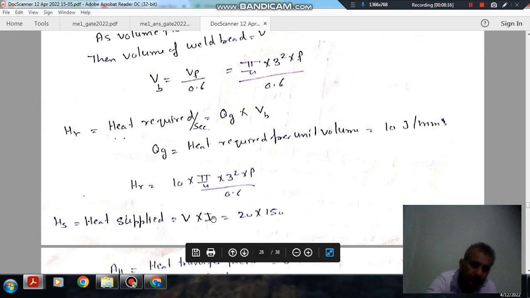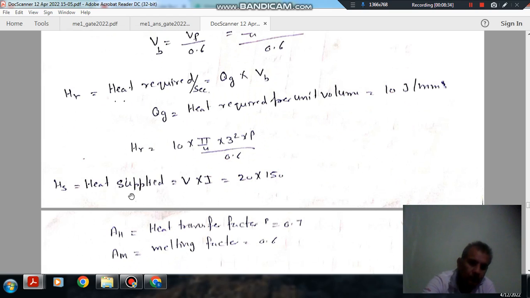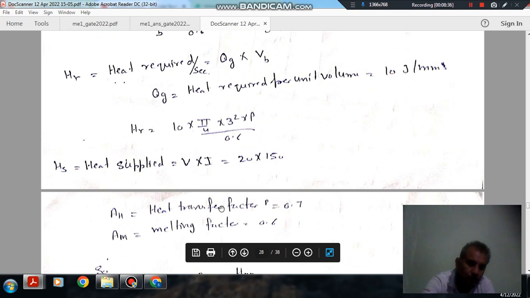Now the heat supplied is by the source, so that is V into I, where V is the voltage and I is current. So that is 20 into 150. There is heat loss in the heat transfer, and that heat loss is due to the heat transfer factor and melting factor.